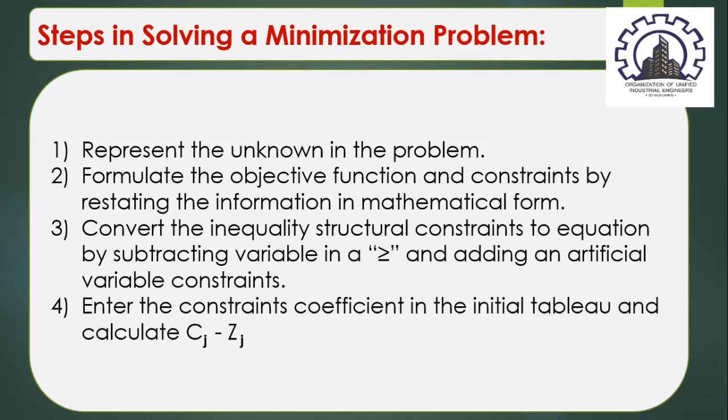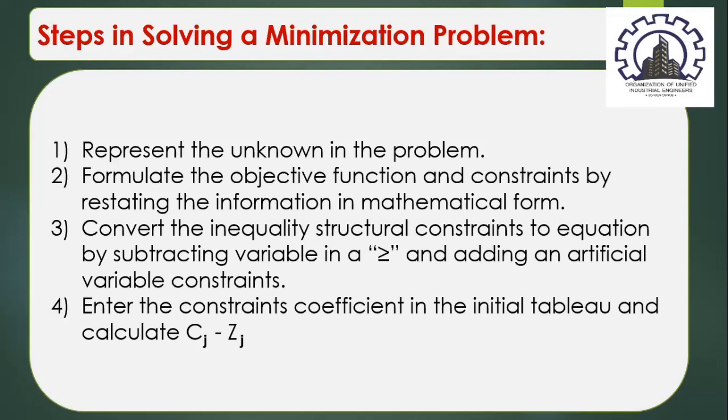And next, we need to convert the inequality structural constraints to equations by subtracting a variable in a greater than or equal to constraint and adding an artificial variable. And after doing that, the next thing is to enter the constraint coefficients in the initial tableau, or table, and then we need to calculate C sub j minus Z sub j.